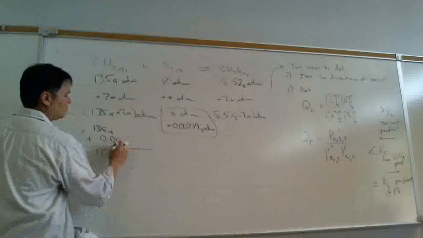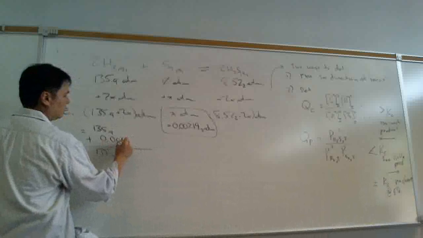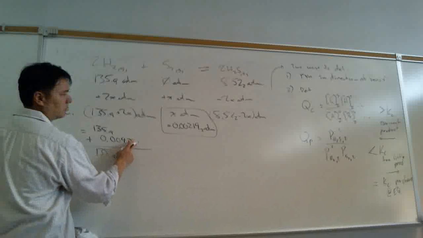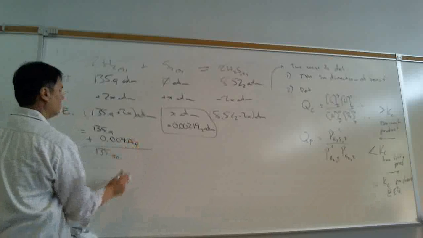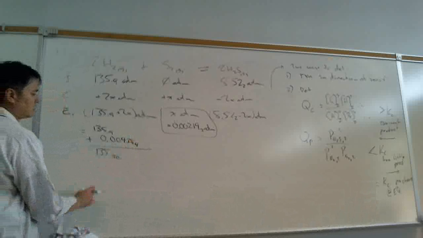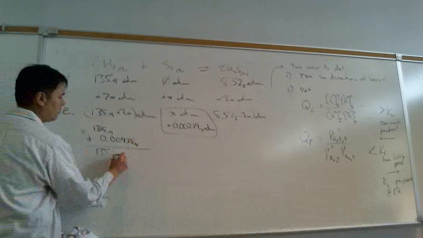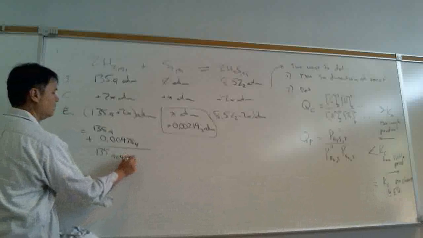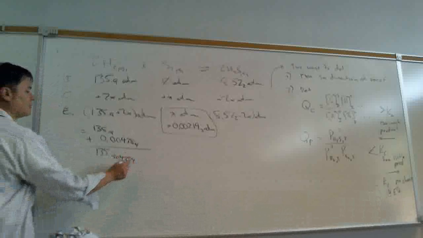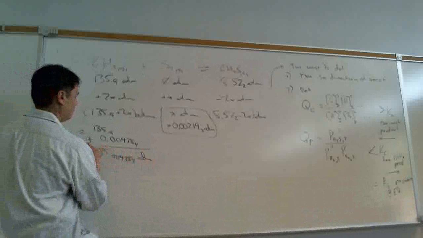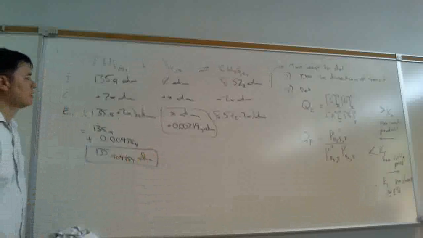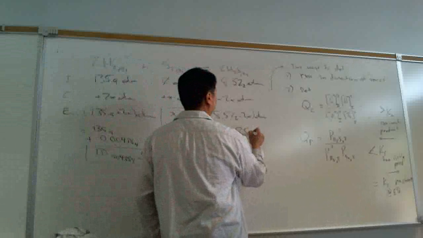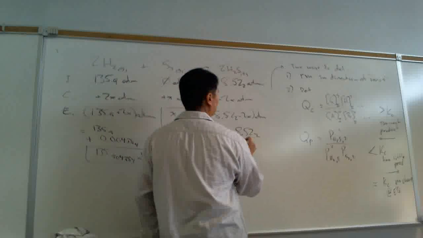What does it come out to? 0.004384. Yeah. Okay, so this comes out 135.904384. All these are insignificant here. Atmospheres. And then over here, I'm going to get 8.522 minus 2x.